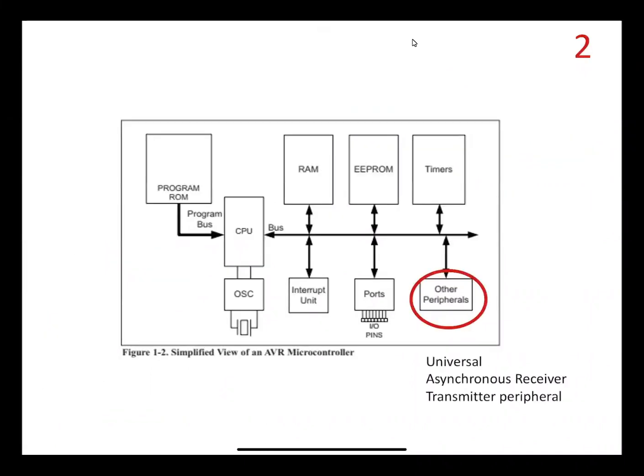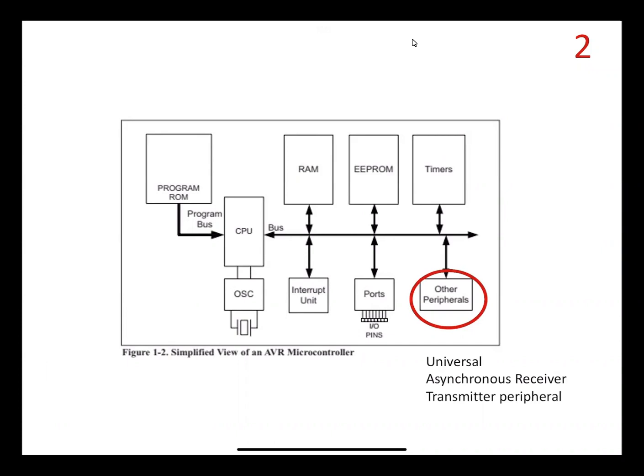So let's get into it. We're talking about the UART peripheral. Now, this is a simplified diagram. We've seen this before of our Atmega 328P microcontroller. That's in the family of AVR microcontrollers made by Microchip.